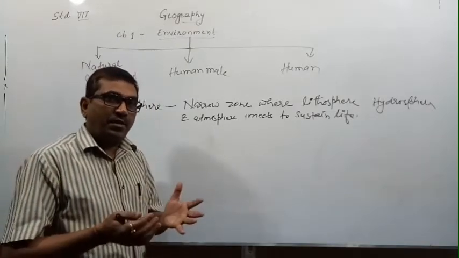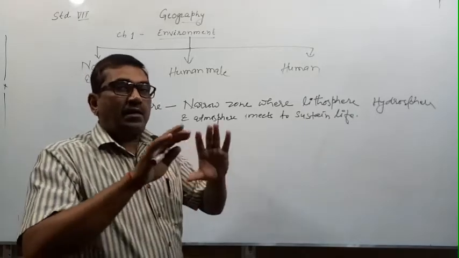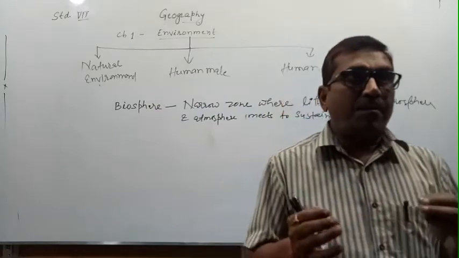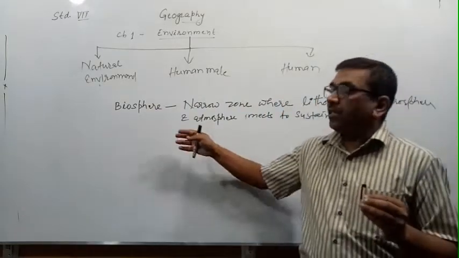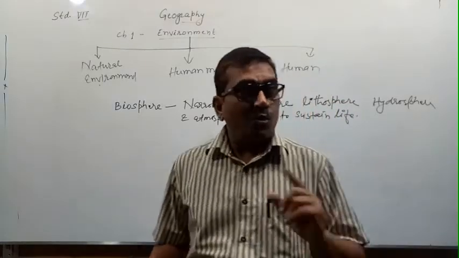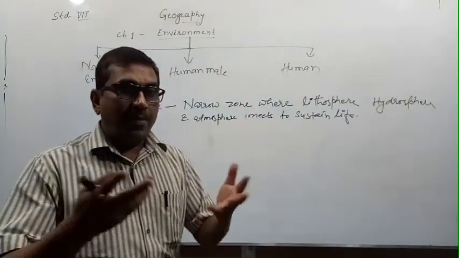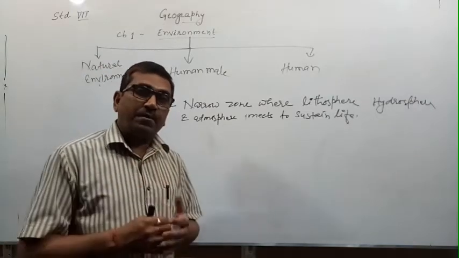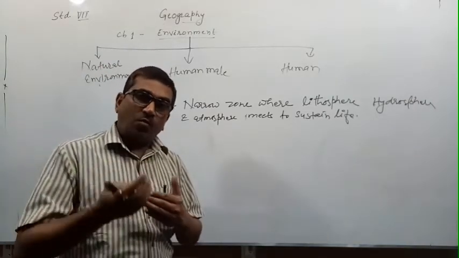It is biosphere. It means we are part of the biosphere. Animals or plants can survive only in the biosphere. If soil is there, but no water, no air, plant cannot grow. Can you survive without the air? Can you survive without the water?